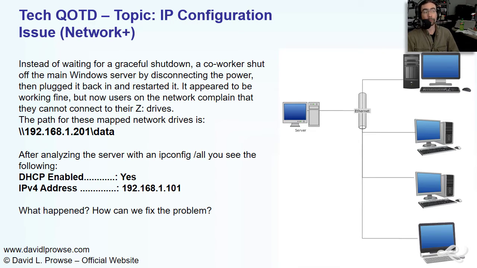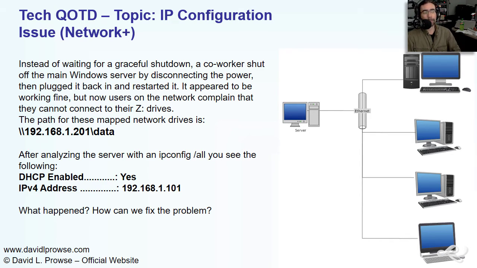Instead of waiting for a graceful shutdown, a coworker shut off the main Windows server by disconnecting the power, then plugging it back in and restarting it. It appeared to be working fine, but now users on the network complain that they cannot connect to their Z drives.